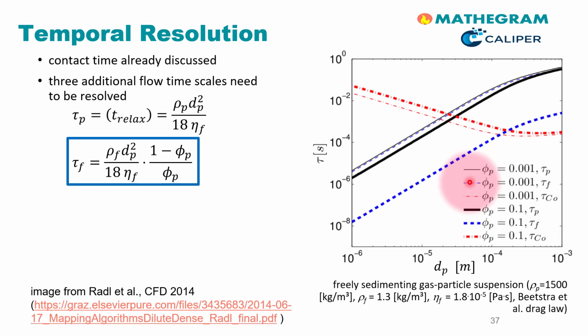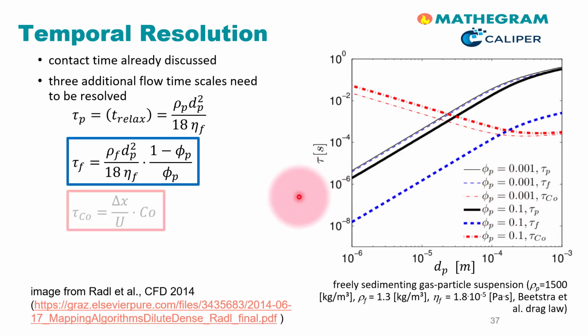The figure shows that the fluid relaxation time is small in dense systems because the fluid mass is small, but large in dilute flows. Clearly, tau f is the smallest and hence limiting timescale for particle sizes of up to approximately 200 micrometers.